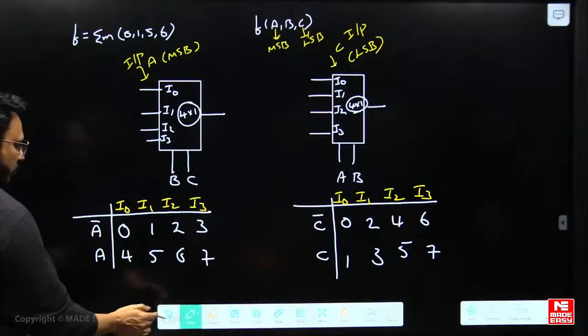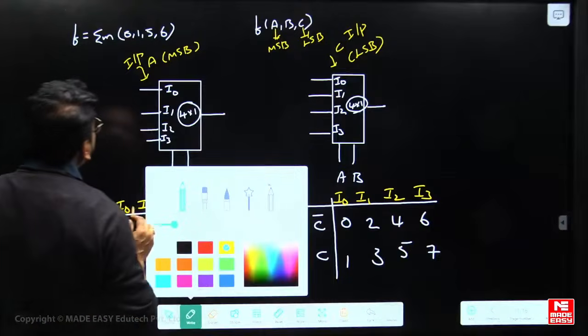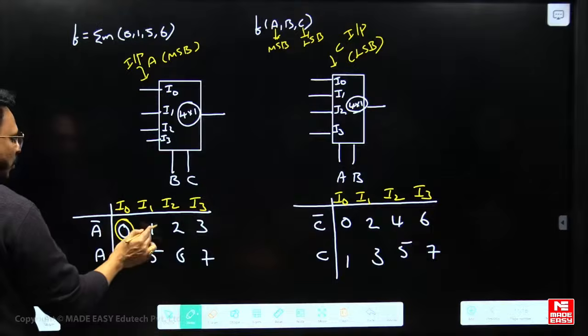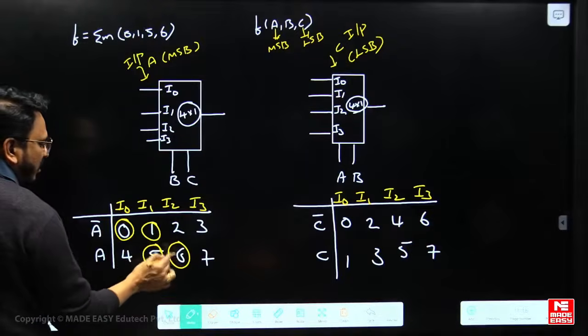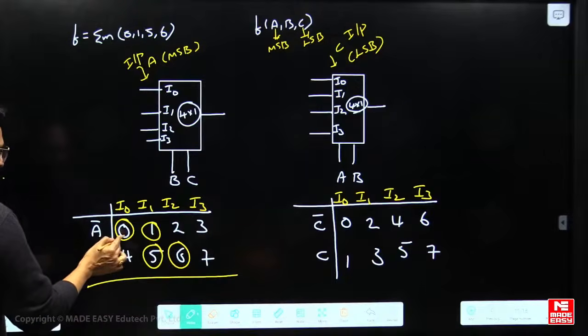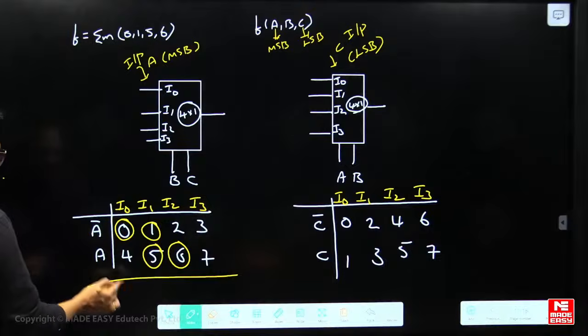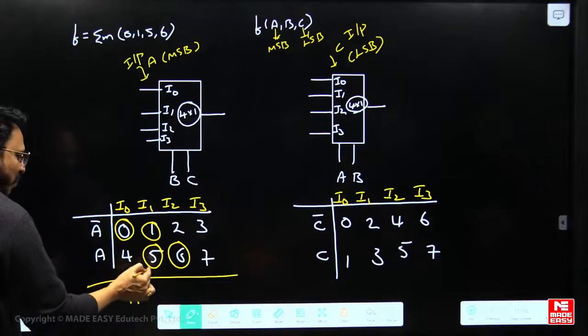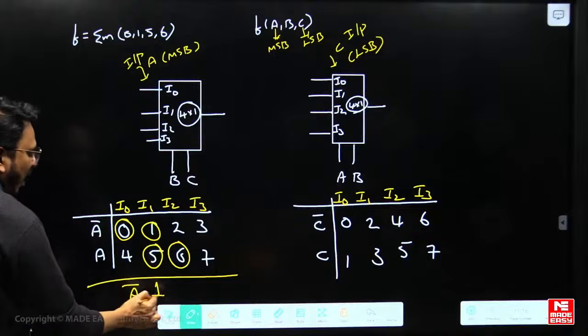Now, for the question with 0, 1, 5, 6, round off those minterms. If 0 is rounded alone, in front of it is A bar, so write A bar. When both in a column are rounded, it should be 1.